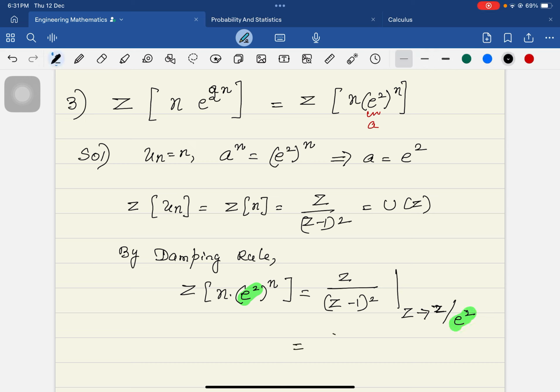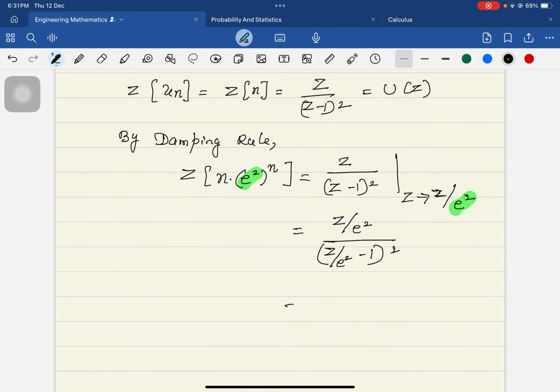And so now what do we write? Rewrite this as z by e square over z by e square minus 1, the whole square. So you can rewrite this as z by e square, the whole divided by z minus e square by e square, the whole square. Correct?